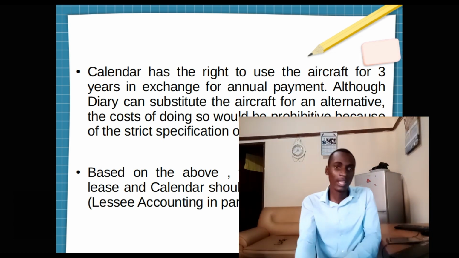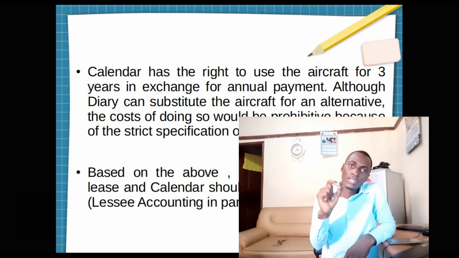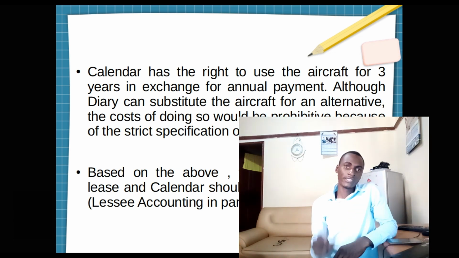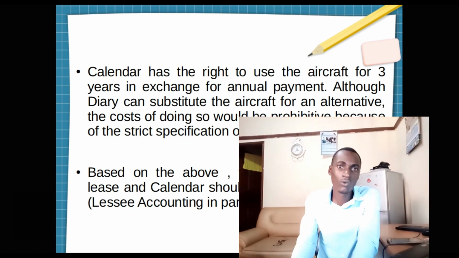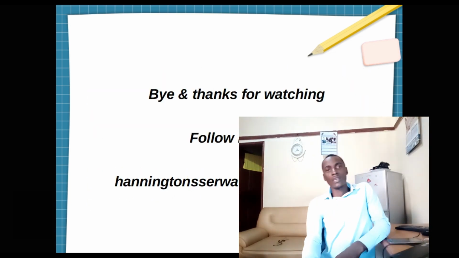As I have told you, a contract contains a lease if that contract conveys the right of control for the use of the identified asset in exchange for consideration. And in this case, we see that Calendar has the right of control of the aircraft. So that was a short summary about IFRS 16 Leases.